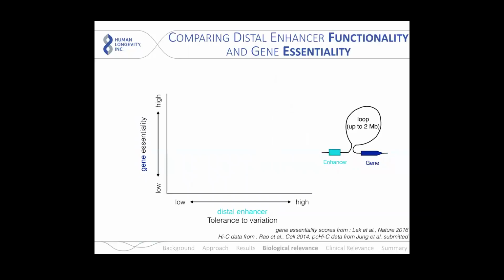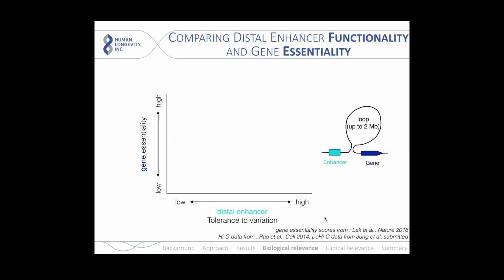Are we able to see a coordination between distal enhancers and the genes that they are associated with? And because it's very difficult to associate distal enhancers with genes, we use two different data sets. So the one that I just mentioned earlier, Hi-C data, and we inferred the association between enhancer and gene based on the distance of the enhancer and gene to the loop anchor points and the directionality of the gene.